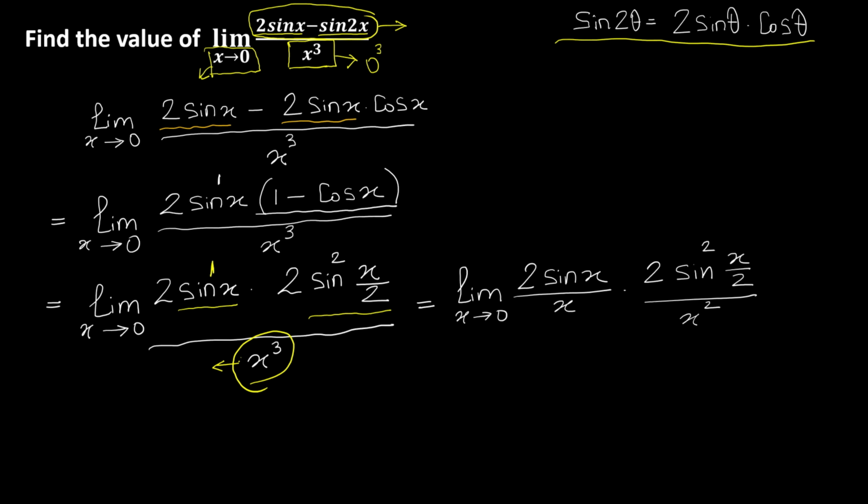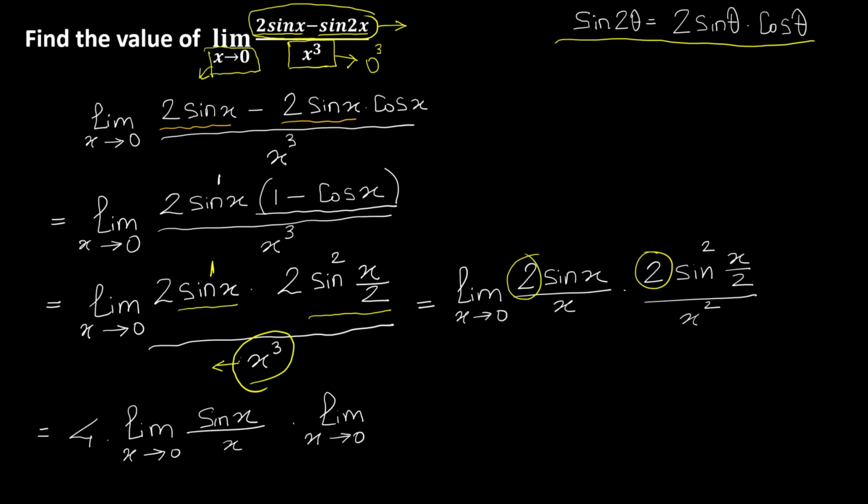The 2 times 2 becomes 4, so we have 4, and we can split these limits into these terms: limit x tending to 0 of sine x over x, times limit x tending to 0 of sine x by 2, with a square on it, divided by x, with a square on it as well, so I will combine those squares to write the whole square.